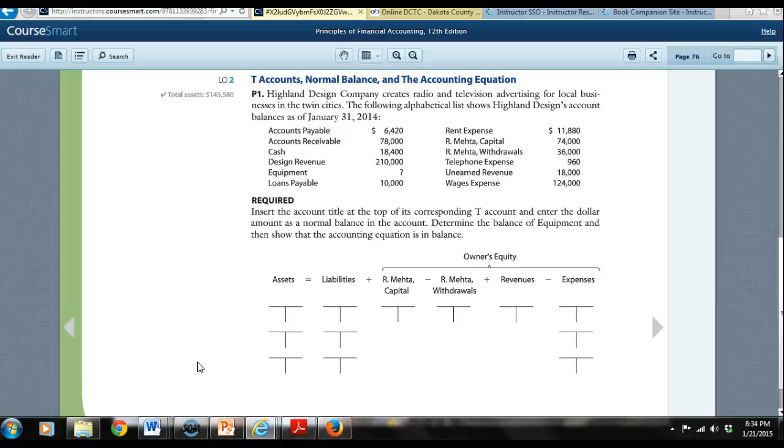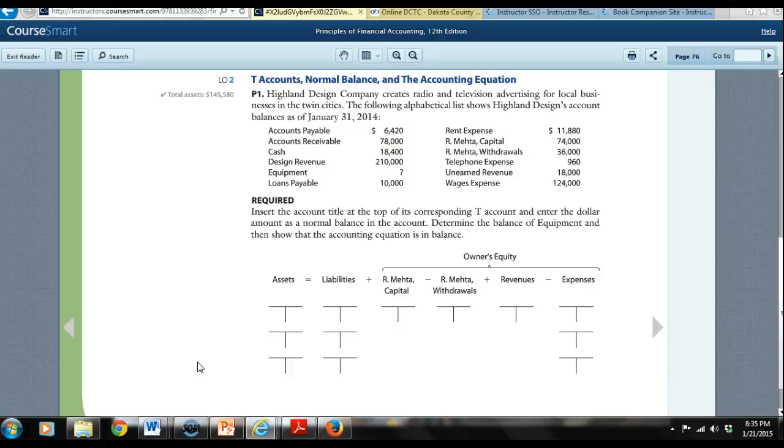That's 74,000. What will it be? Owner's equity. Capital has a normal credit balance, because it increases the equity.